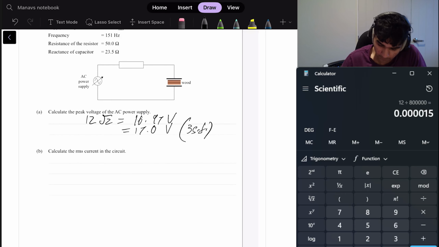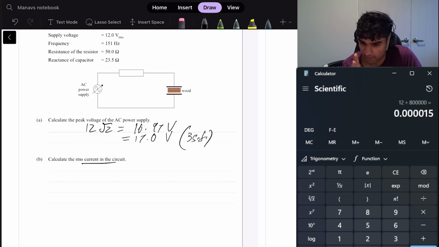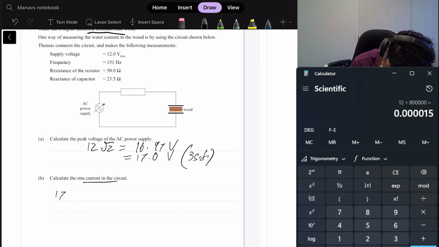Okay. So we know peak voltage. Current across a circuit is always in phase with the voltage across a resistor, so we can take the 17 from the last question.